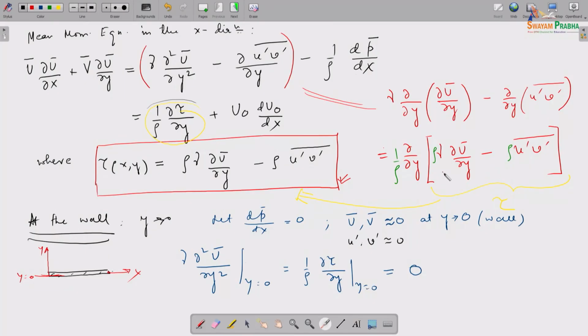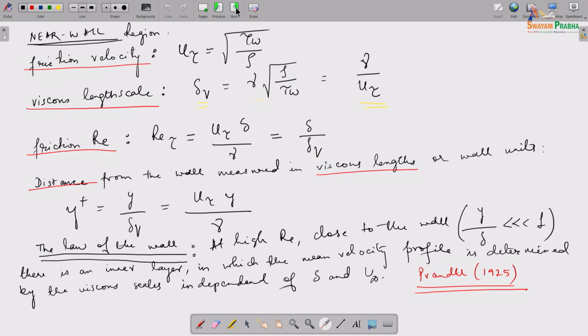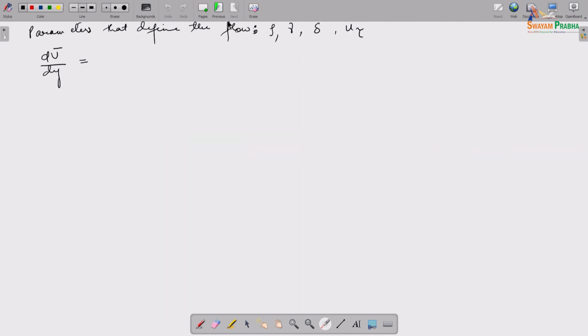So if y plus is less than 5, this part is not going to be there; this tau is going to be there only for this. Mathematically that has implications: sometimes both are there, sometimes only one. So we're trying to see if we can write this out using one variable.